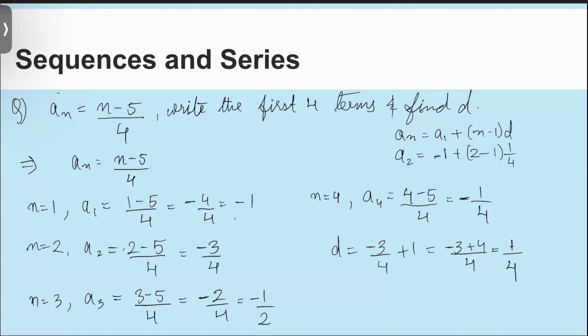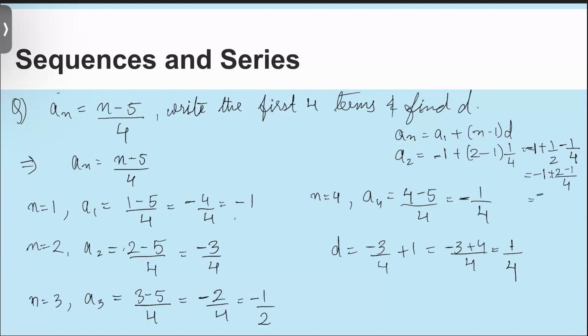So what you get is minus 1 plus 1 upon 4, which is minus 1 plus 1 by 4.